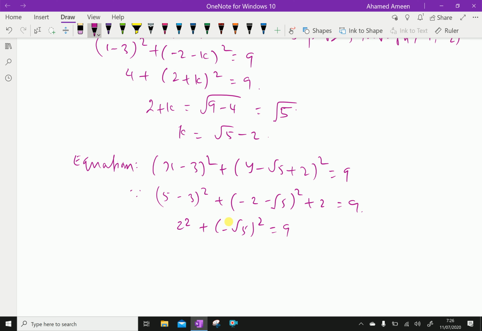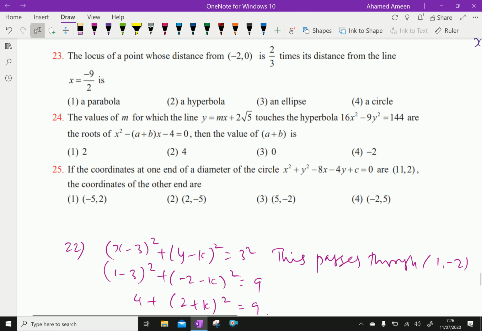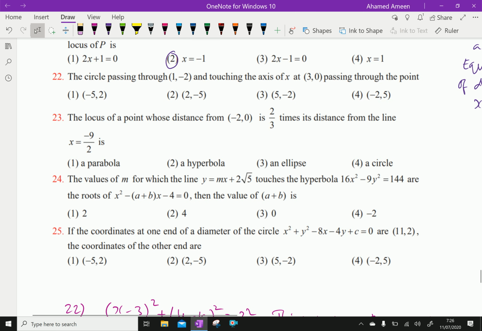Therefore the point 5, minus 2 satisfies this equation, so the circle passes through 5, minus 2.